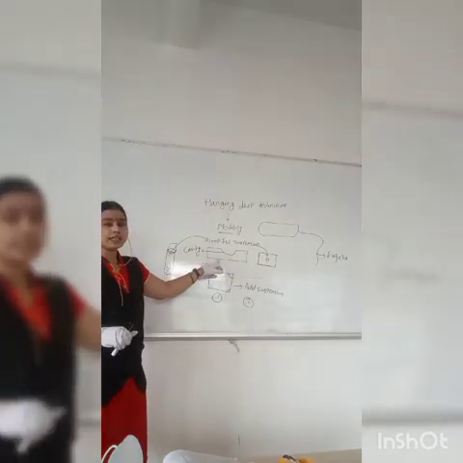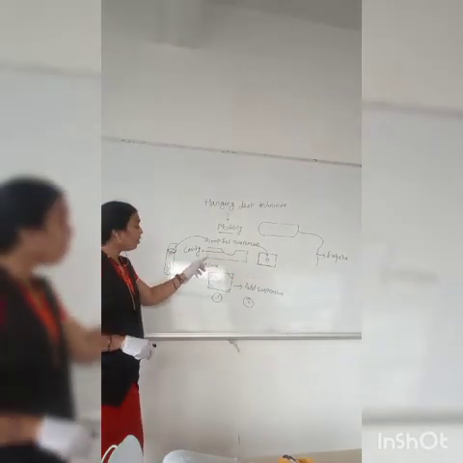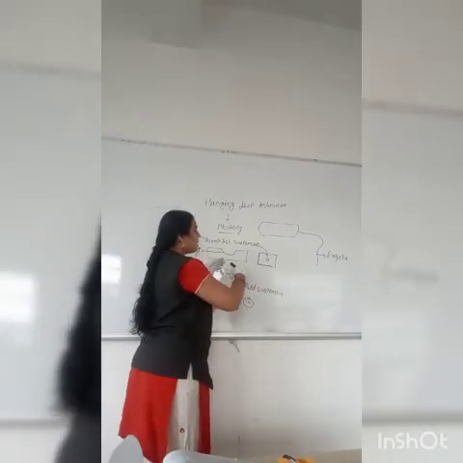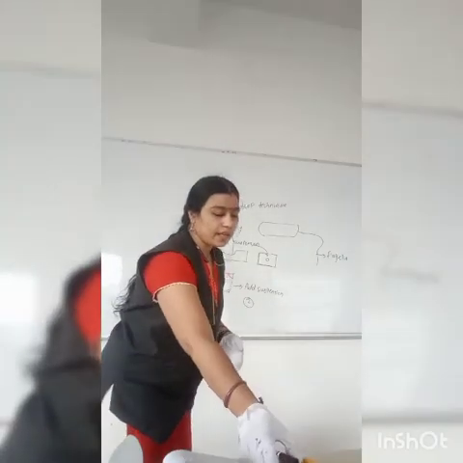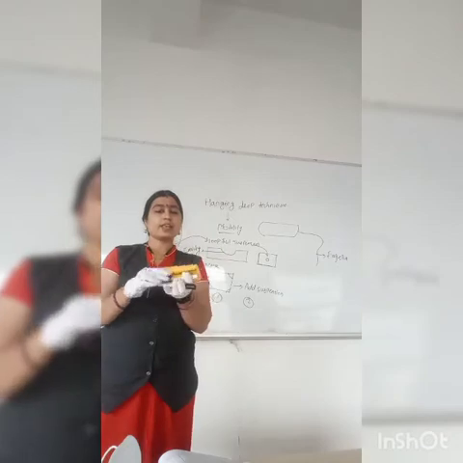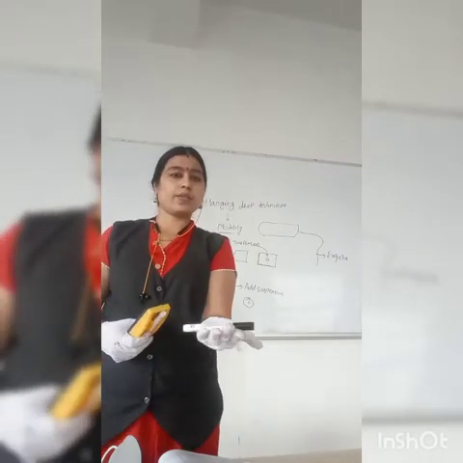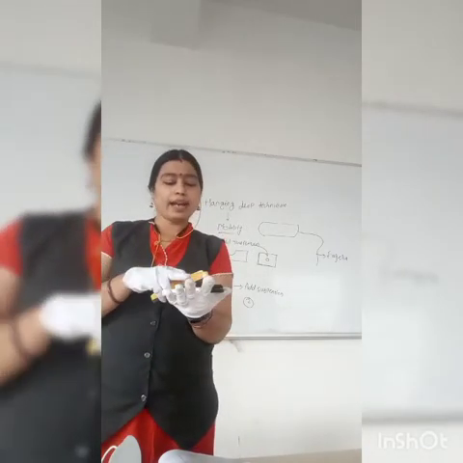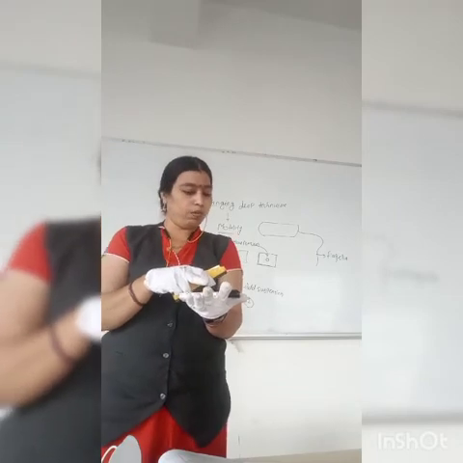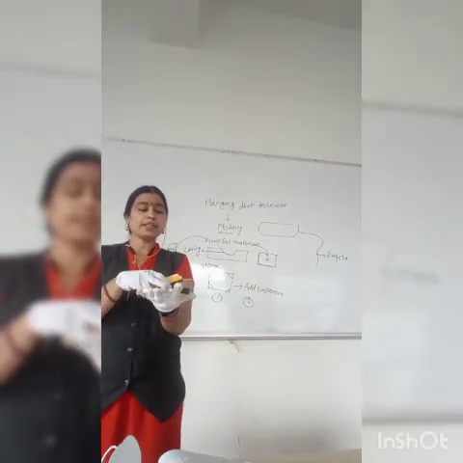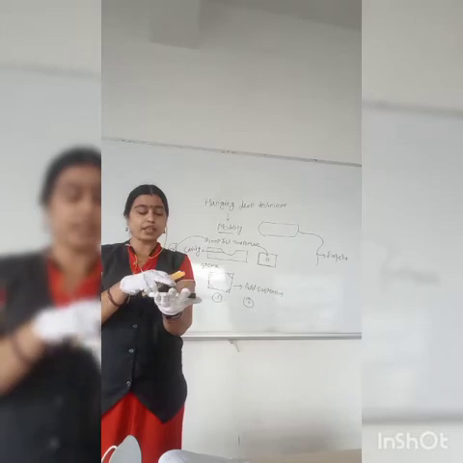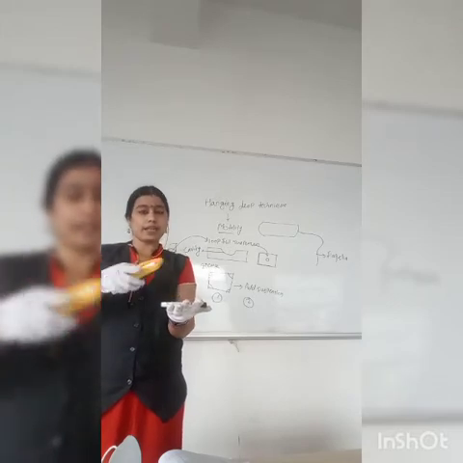Then take this cavity slide. Suppose this pen is the cover slip, and I place the drop of the suspension on the center, and the grease is applied over it. And this is the cavity slide.